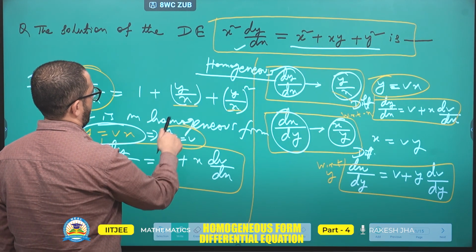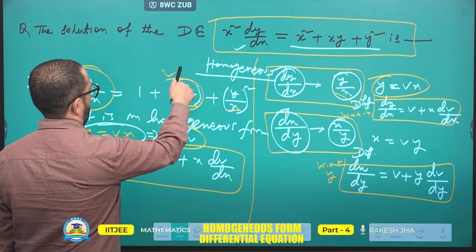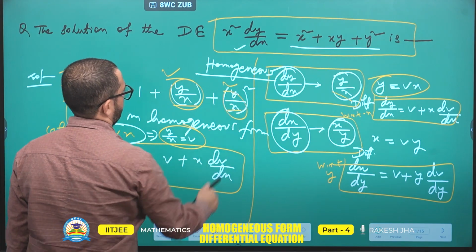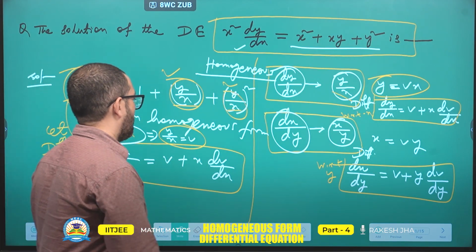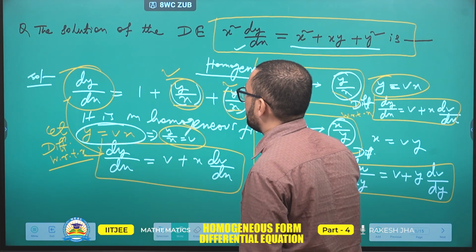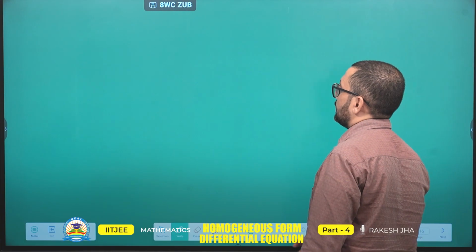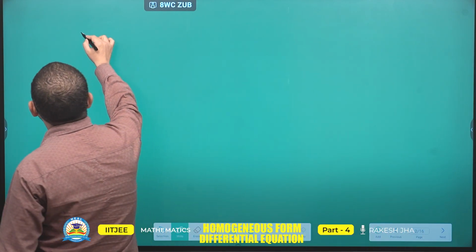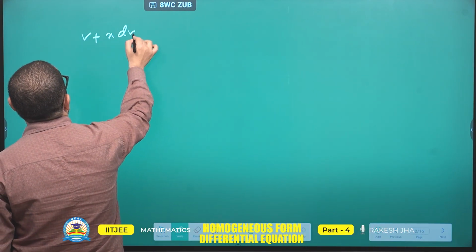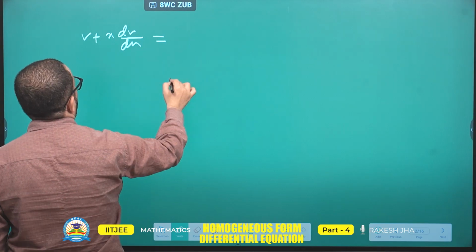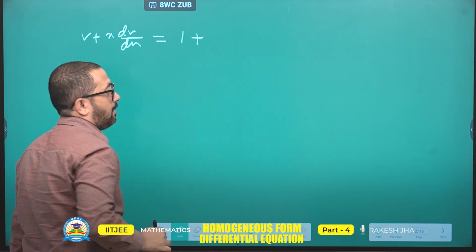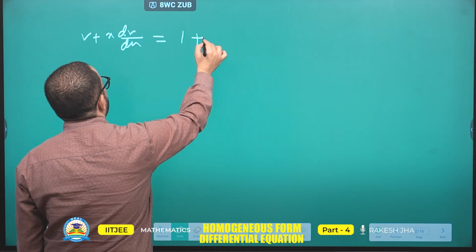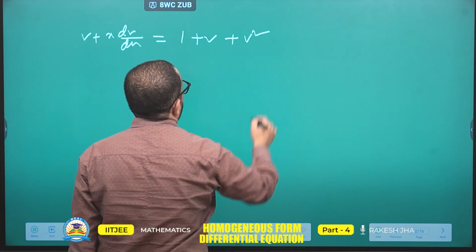So this can also be substituted with v. So dy by dx, which is v plus x dv by dx, is equal to 1 plus v plus v square.